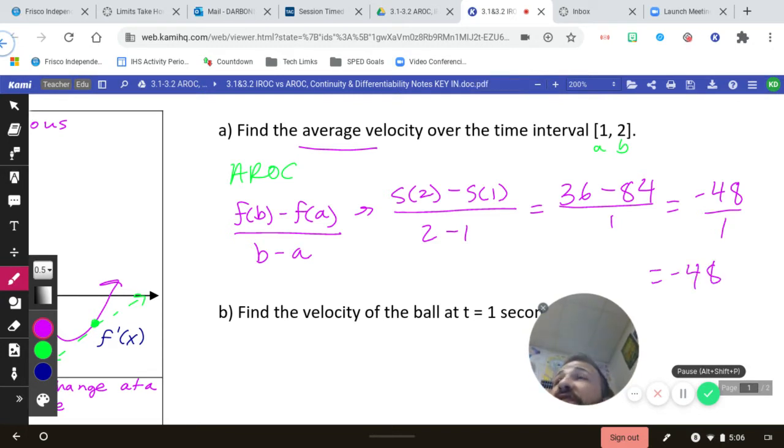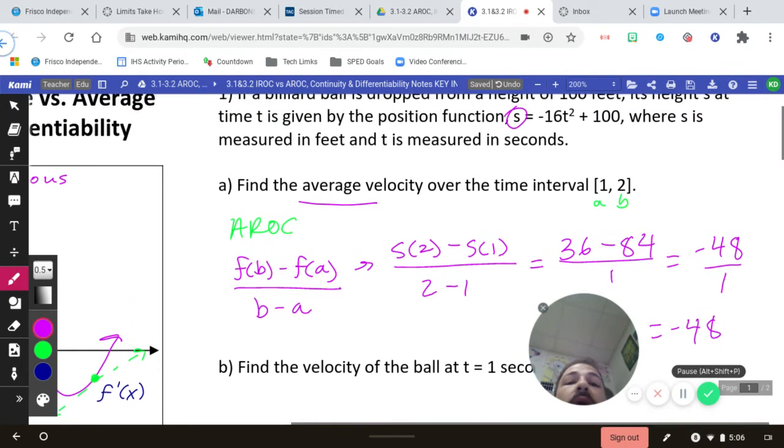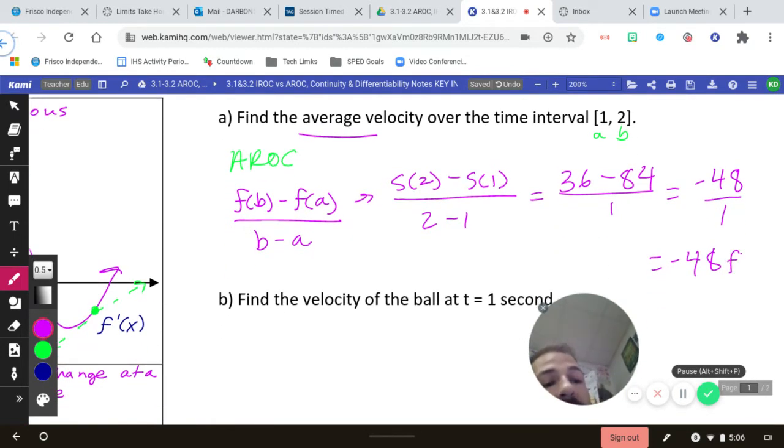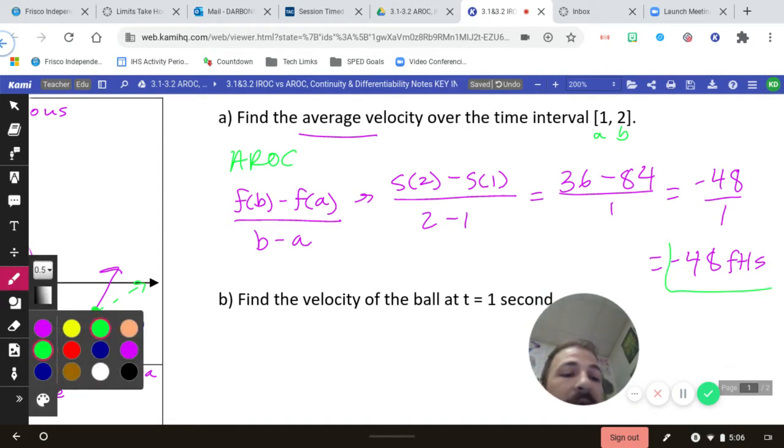And this is an actual velocity. So looking at our feet and seconds, so 48 feet per second. Okay, one of the big things in calculus is when we work with real values, with real actual units, you have to include units. So negative 48 feet per second. Okay, and remember, that is an average. That is the velocity over the time interval 1 to 2.